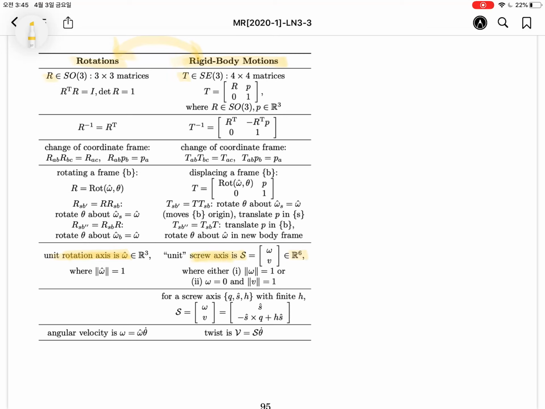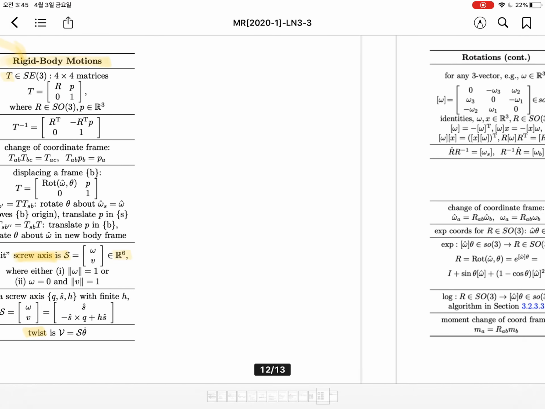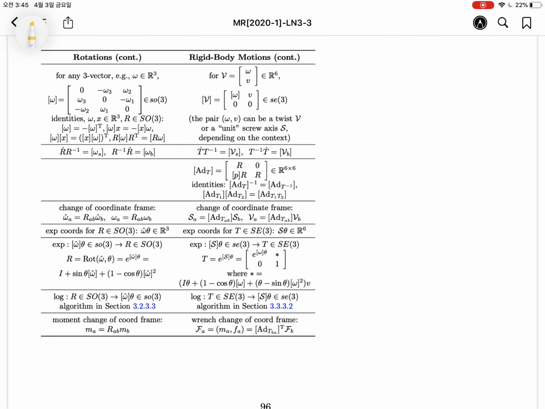So using the rotation axis and the screw axis, we can define the angular velocity and twist. Twist contains two kinds of velocity, linear velocity and angular velocity. And the matrix form of twist belongs to se(3). The dimension of this one will be a 4x4 matrix.